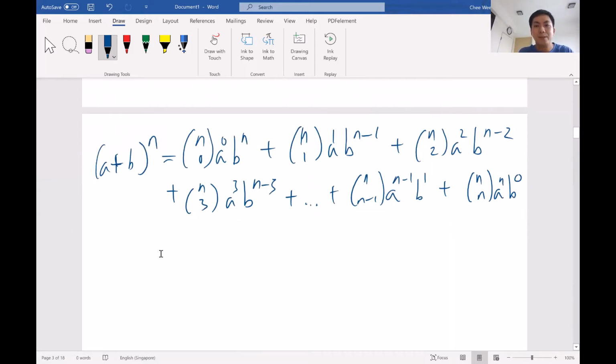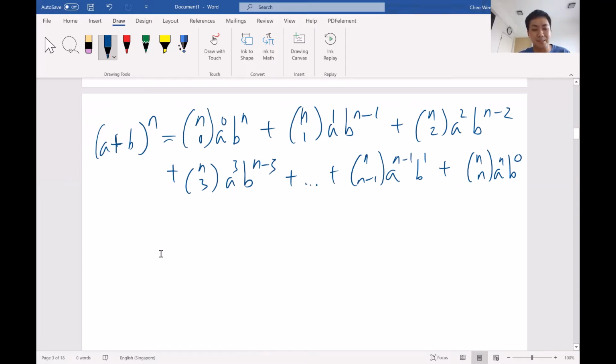I'm not exactly sure whether this is the way the O-level formula sheet presents it, but at least this is one way to remember it quickly.